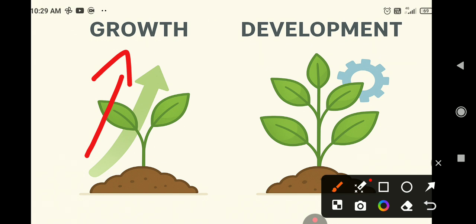But here it shows the functionality of the plant, like how tall it has grown, how green it is, how beautiful it is. So growth only refers to height or weight or anything which can be measured, but development refers to the overall functioning of the organism, like how many leaves it has, how green it is. It includes everything. Growth is a part of development, and development is an overall concept.